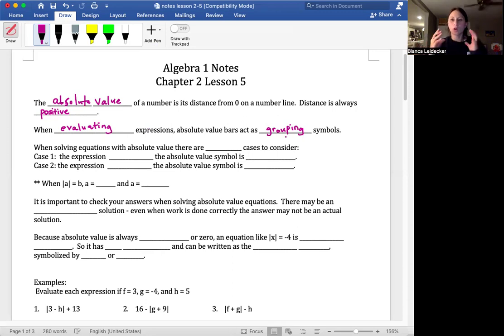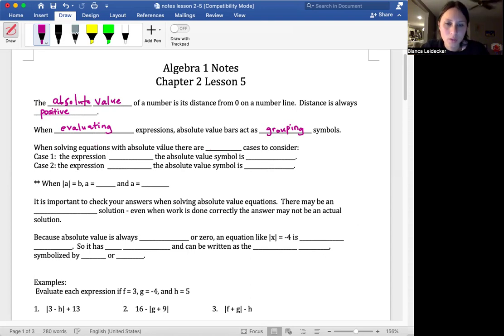You want to work out whatever is inside the absolute value and condense it down to one number before you interpret it as whatever its absolute value should be. So we'll do a few examples of that, looking at them like they're parentheses.